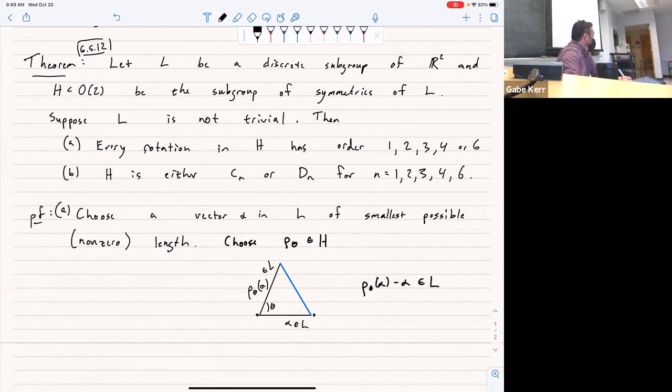Rho theta of alpha has the same length as alpha, since it's a rotation. There's a certain angle theta where this has the same length as alpha. What's that? When?